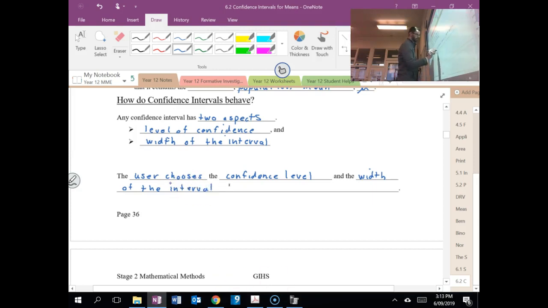So the width of the interval follows this choice. The best scenario would be to be really confident and have a narrow width, but it can't work that way. As soon as you've chosen the confidence level, you've decided on the width.